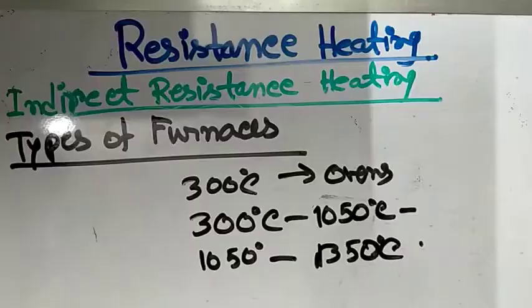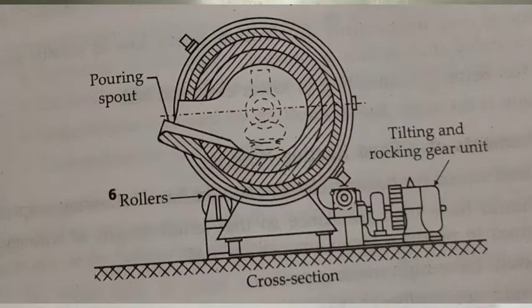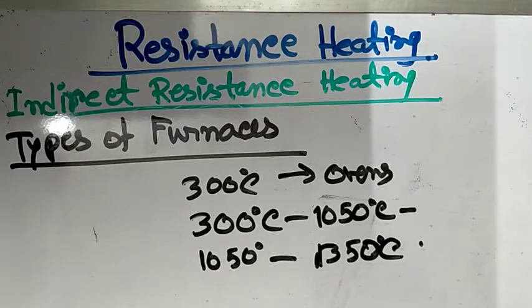Now, unlike the Ajax Wyatt furnace, shown in this picture, the rocking resistor furnace can be completely emptied, and this furnace is considered superior to the rocking arc furnace on some points.